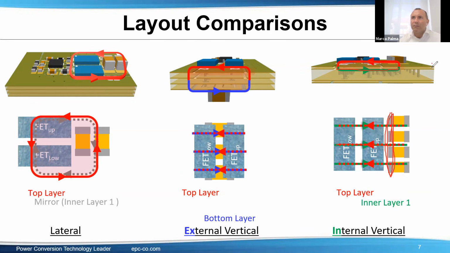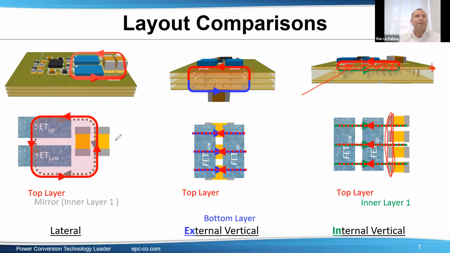And also you asked about the minimum thickness of dielectric between the top and the inner layer, because this area is what really matters. The bigger the area, the higher the inductance, the higher the EMI, the higher the EMC.